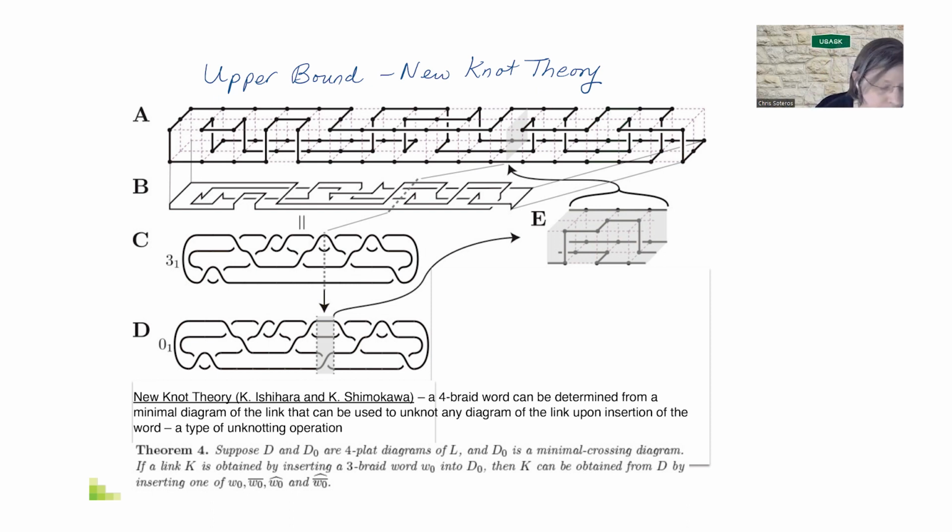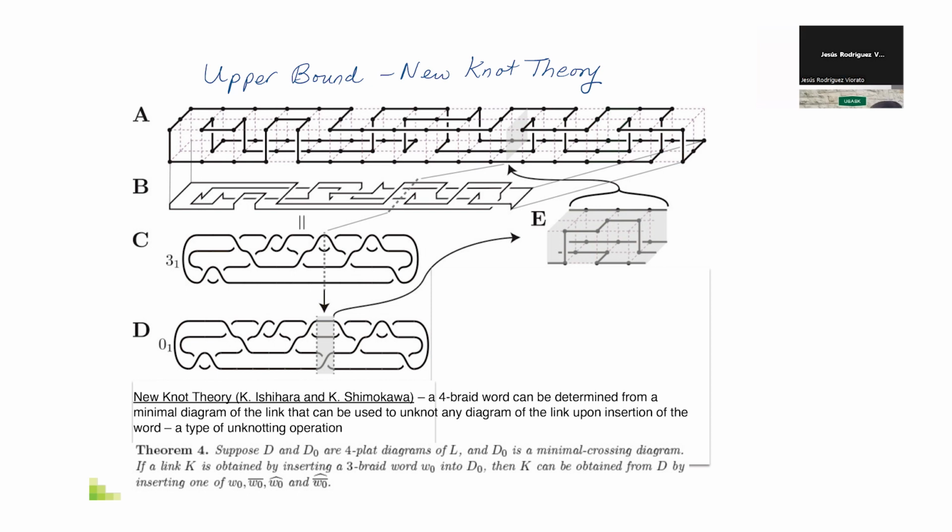For every polygon in the tube, or a set of polygons, if you just have a prime polygon, then you can get a projection that can be turned into a four-plat diagram. And then what Kai and Koya proved is that you can use a minimal diagram of this four-plat to identify a three-braid word and a location where to insert it.